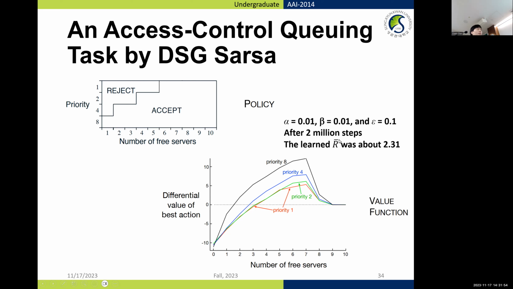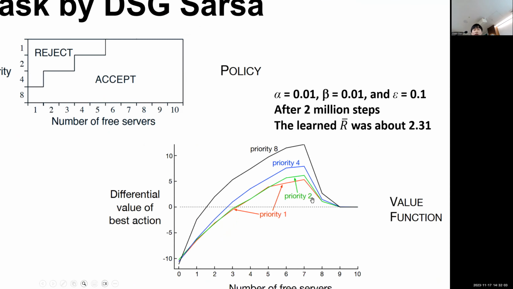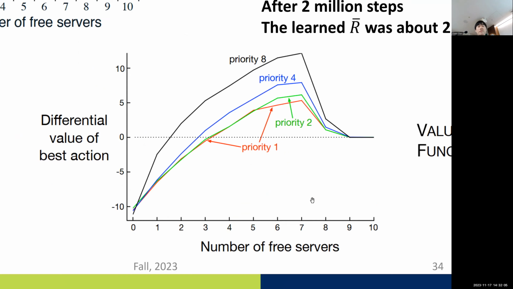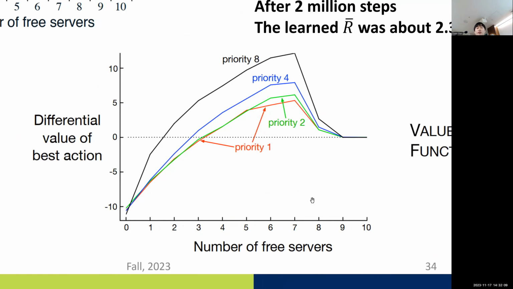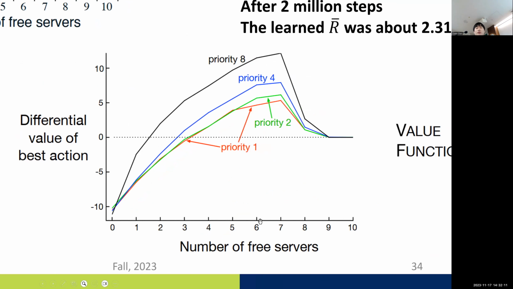So the long-term average reward, the profit, will be 2.31. Then if we look at the differential value of the best action, this shows how the value function changes when different priorities of jobs are accepted.